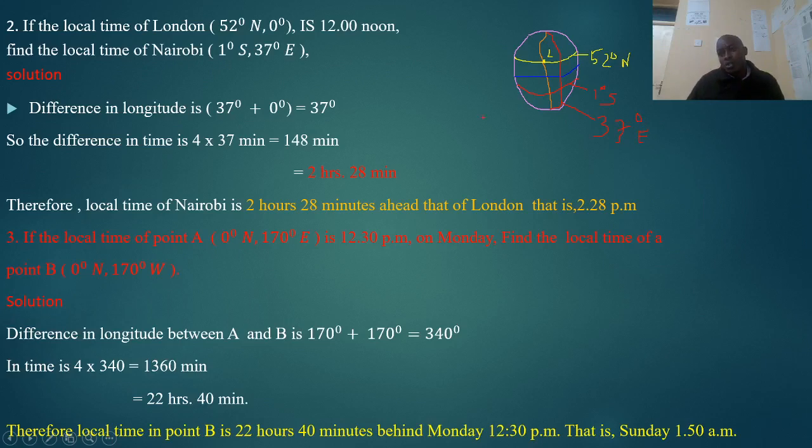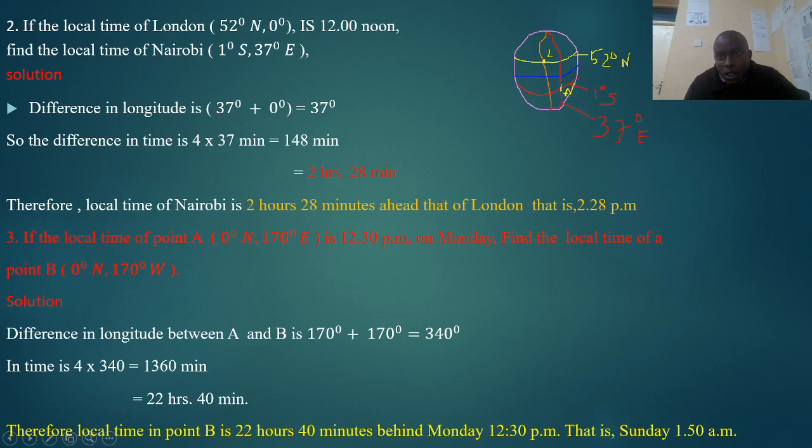So this is your Nairobi, because it is at 1 degree south and 37 degrees east.